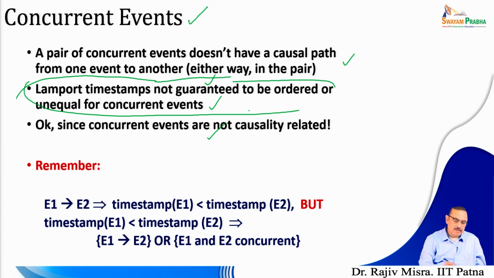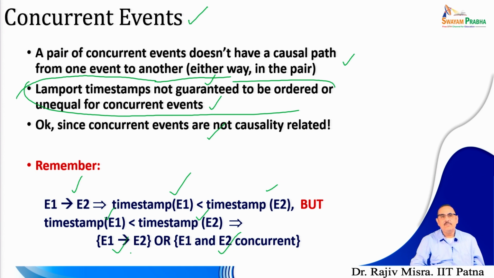Remember that if E1 happened before E2, this means that the timestamp of E1 is less than the timestamp of E2. But if you directly look at the timestamp of E1 being less than the timestamp of E2, this has two different meanings. That means, either E1 has happened before E2 or E1 and E2 are concurrent events.